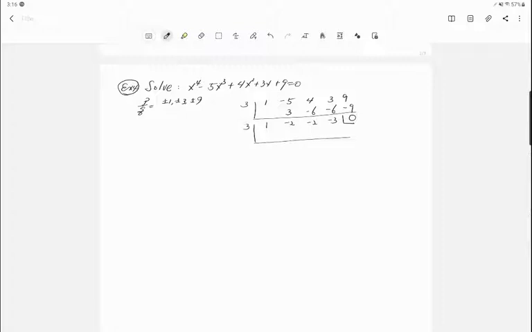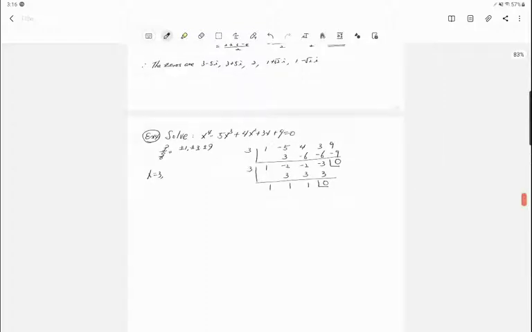So we can try 3 again. So 1 down, 3 times 1 is 3, add, multiply, add, multiply. That's 0, right? So there are 2 solutions. So x equals 3, right? Here's another x equals 3.